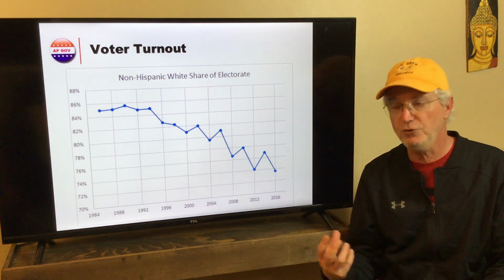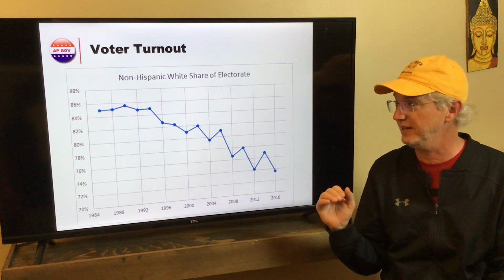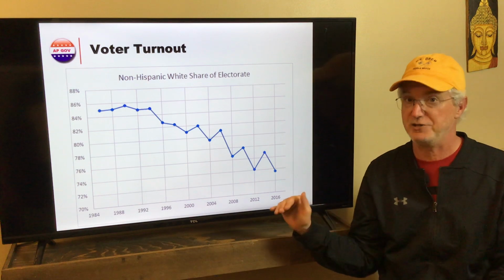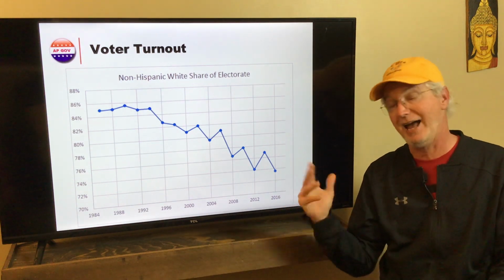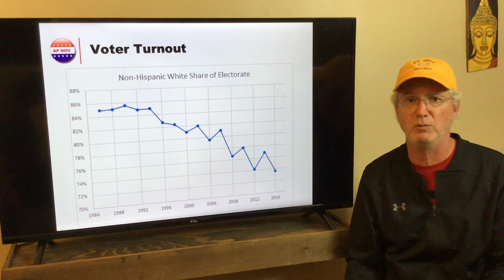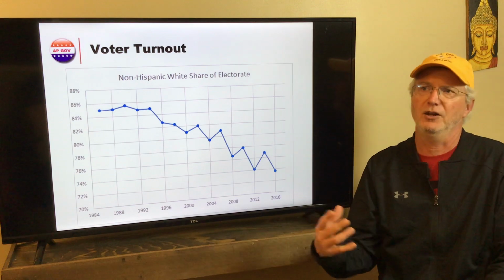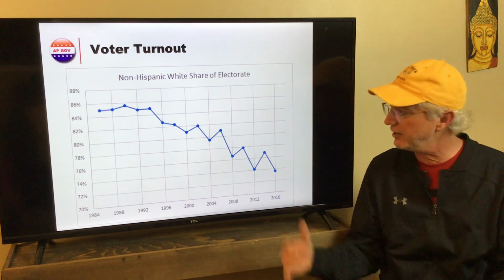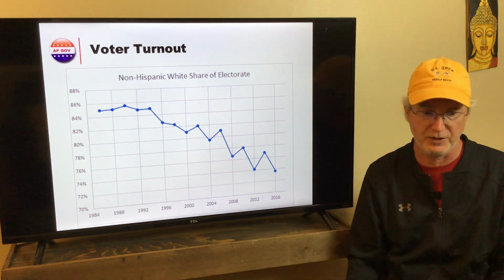So I do feel like the rhetoric coming out of some politicians in Washington is this idea that the country is changing, and it is changing. The share of the white vote is decreasing, and that alarms some people, especially here in the Midwest. So you're going to hear that rhetoric on both sides, some people that absolutely do not care, some people that care a great deal. So we'll take a look at these numbers a little bit later as we go through this.